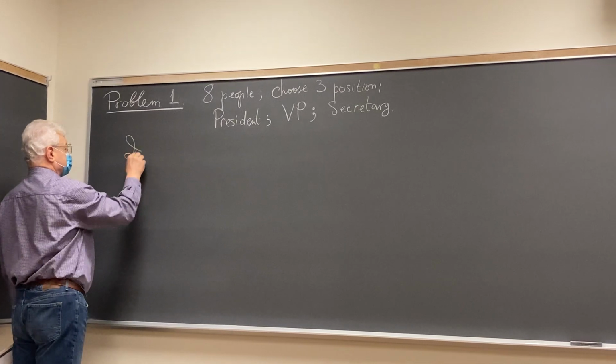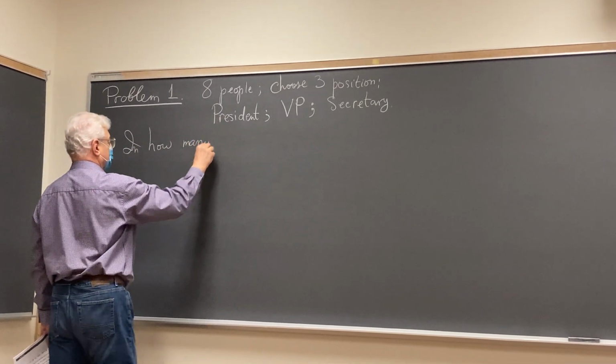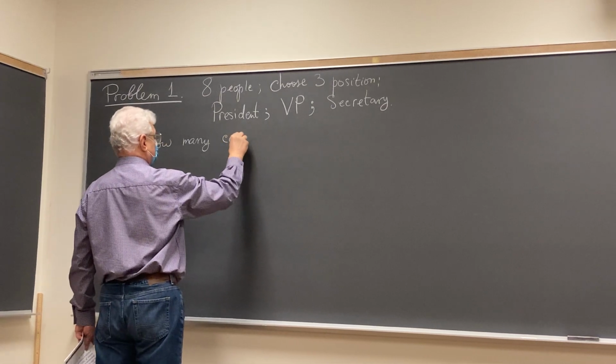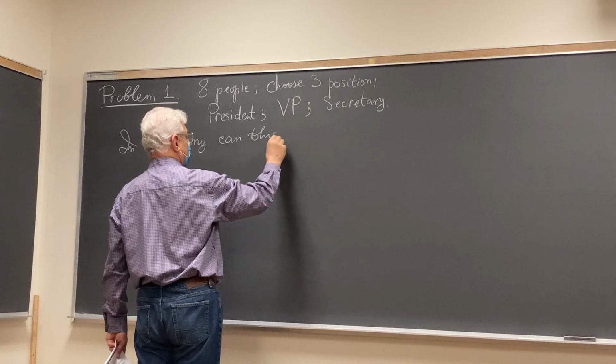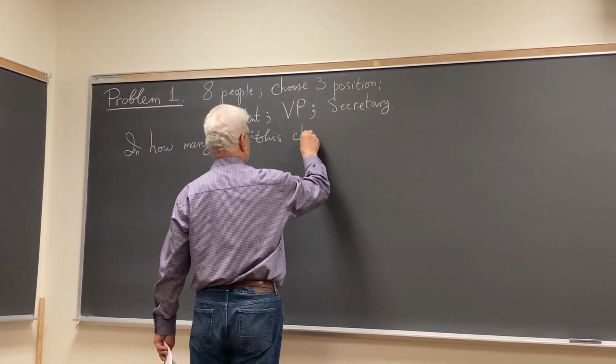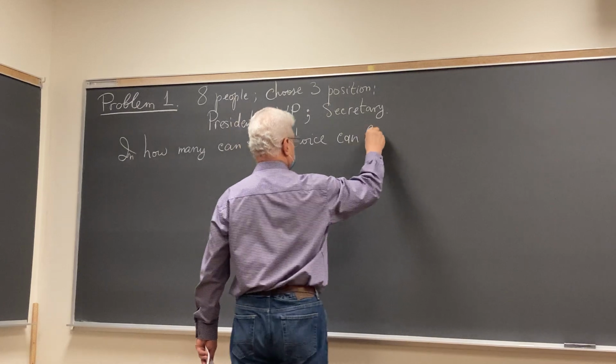In how many ways can this choice be arranged?